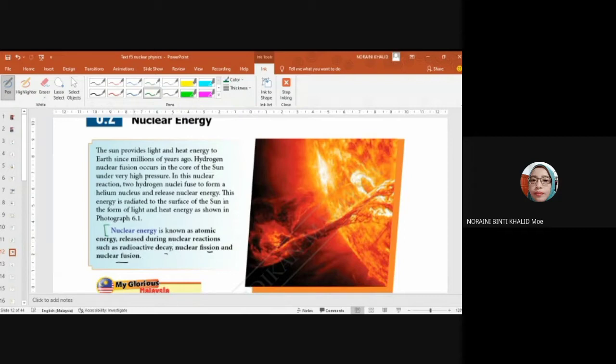In that process also, nuclear energy is released. So nuclear energy is also known as atomic energy, depending on what process we discuss. In this topic 6.2, we will discuss more on nuclear fission and nuclear fusion.